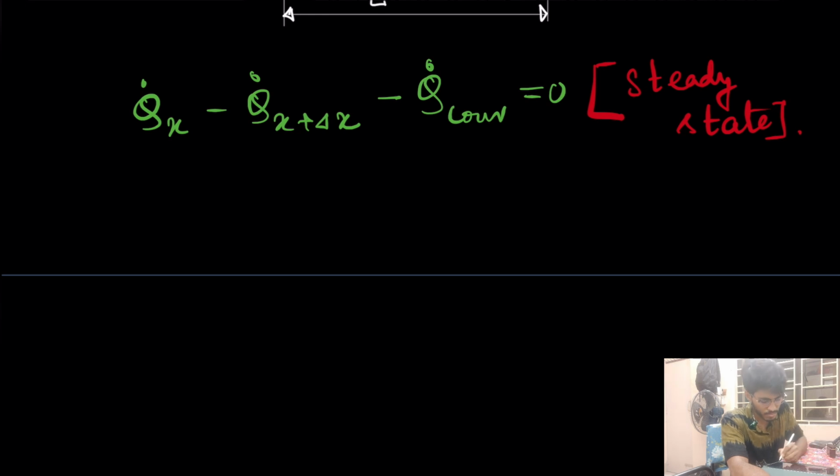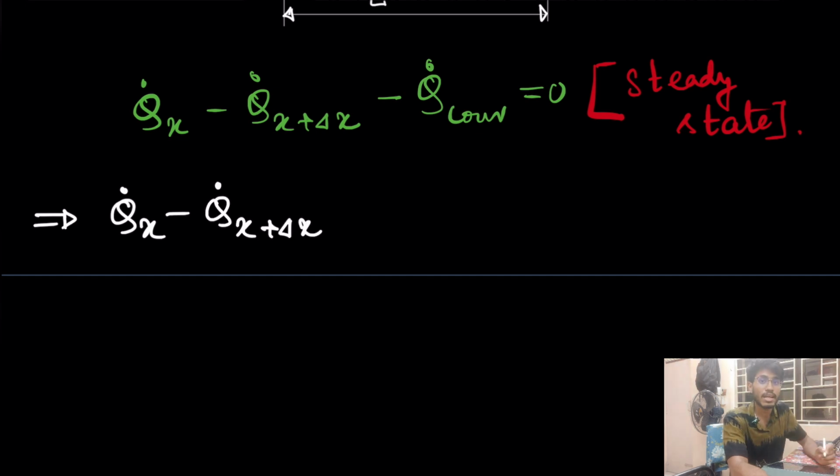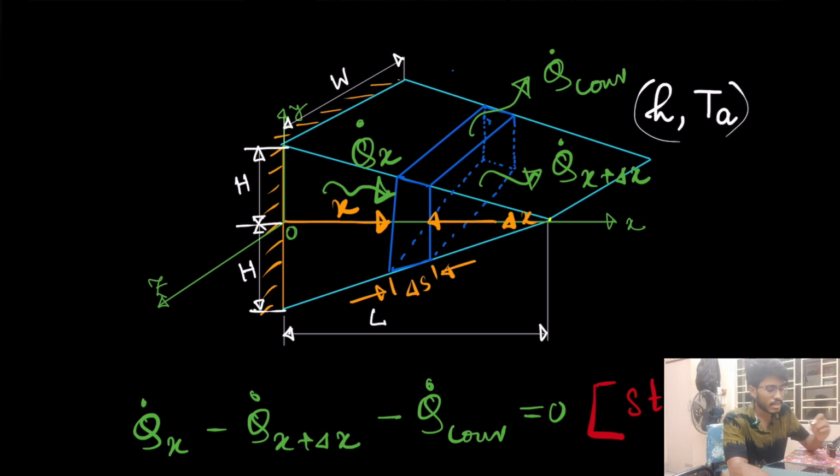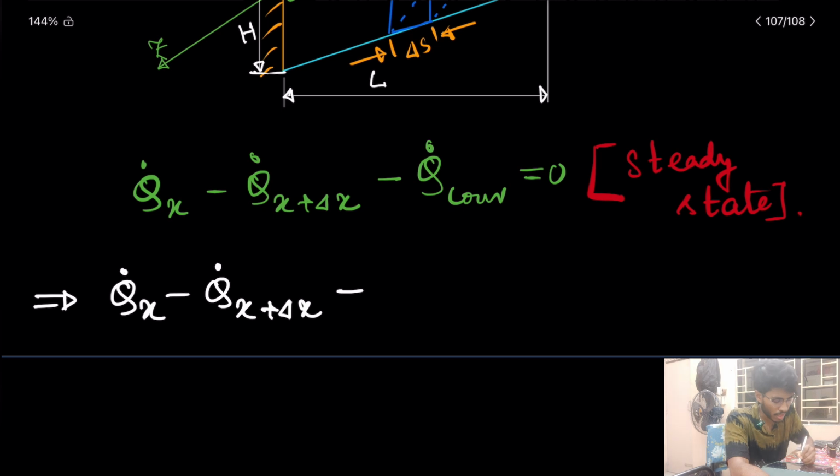Now again we have to manipulate this to get the temperature as our variable. So what is q dot convection? Take h as the heat transfer coefficient between the slab and environment, and T ambient as the temperature of the environment.